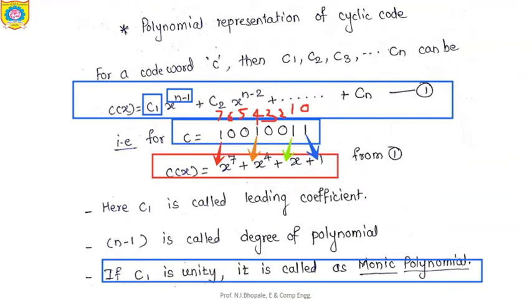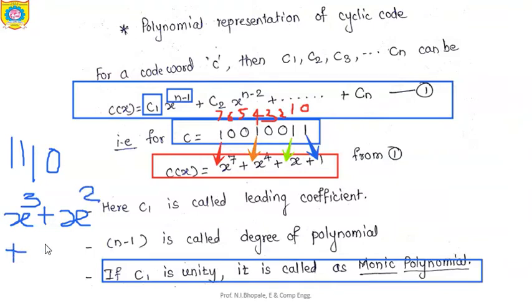The same thing can be applied to a few examples. If someone specifies 1110, I can represent it as 0 1 2 3, meaning x raised to 3 will be present, x square will be present, x will be present, and the last term will be 0 into x raised to 0, which is not needed.